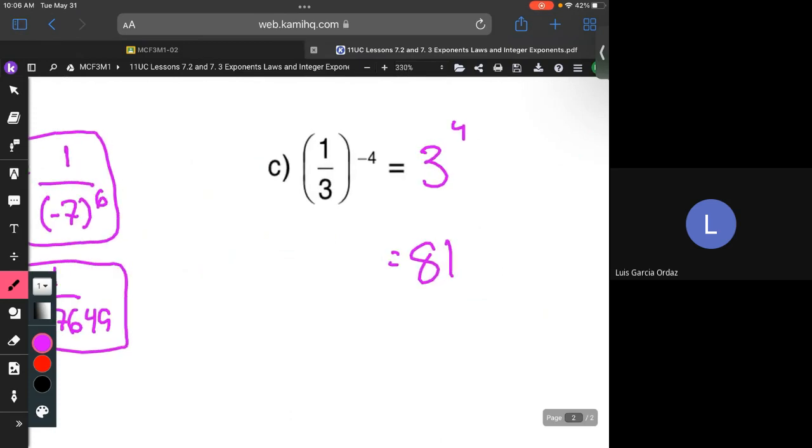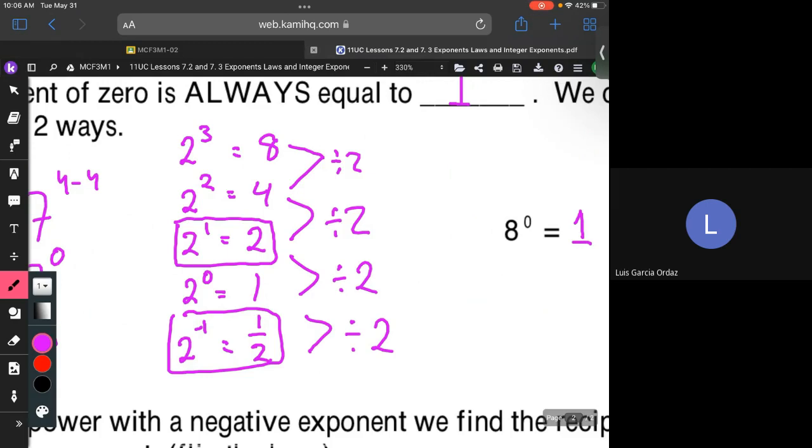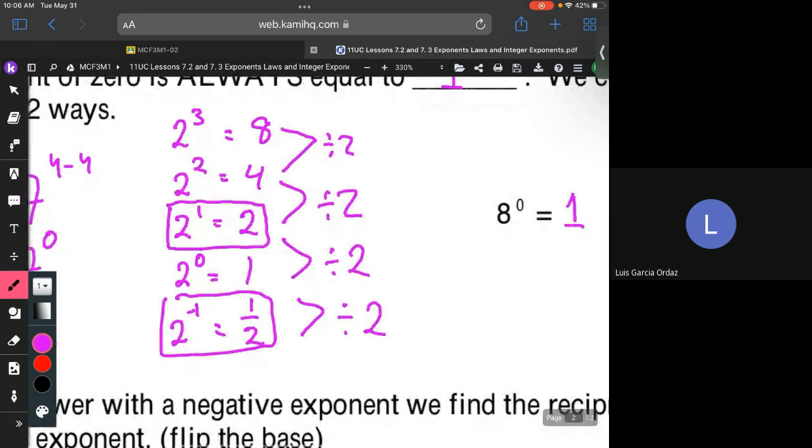Because whenever you want to turn a negative exponent into a positive, you have to take the reciprocal of it. So 2 to the power of positive 1 is 2, and 2 to the power of negative 1 is 1 over 2. If I want to change that into a positive exponent, all I have to do is flip the 1 over 2, and it becomes just 2 again. So you're just taking the reciprocal, so you're just flipping the base.